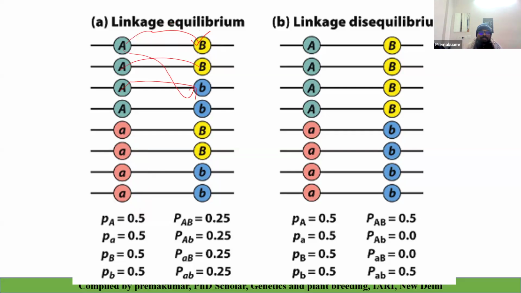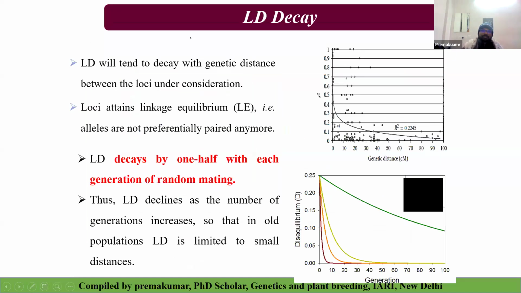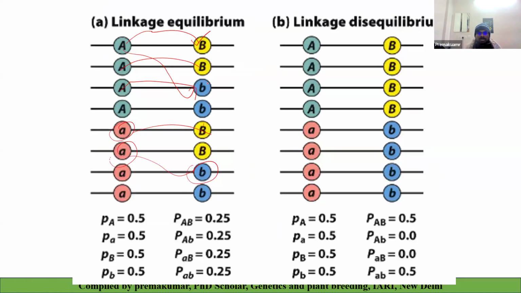And small a is also going with capital B, and small a is also going with small b. Small a has the independence to go with either capital B or small b, and a capital A gamete has the independence to go along with the capital B gamete or the small b gamete. This is called independent assortment, which we discussed.